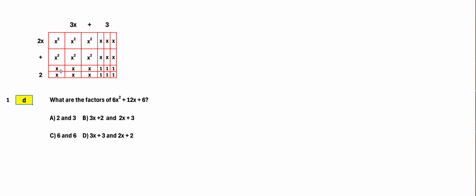When you multiply those two together with FOIL, you get 6X squared plus 12X plus 6. So the factors of 6X squared plus 12X plus 6 are those two expressions, sort of like saying the factors of 12 are 3 and 4. Well, there are other factors, 6 and 2, but that's the idea.